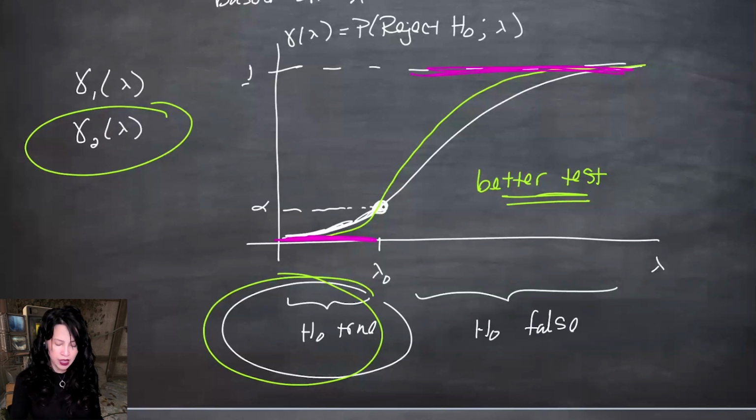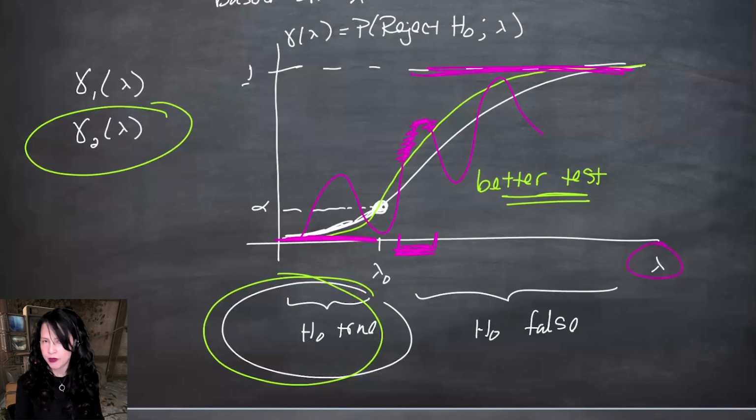And so if you have a third test with a power function that looks like this, then I can't really compare that test to the other tests because, for example, here it is highest of all three. So for these lambdas, the test corresponding to the pink power function is the best test.